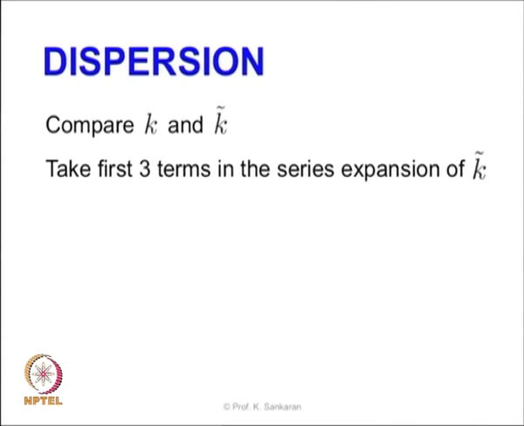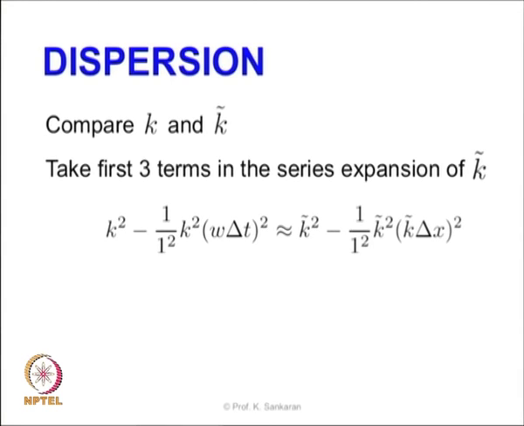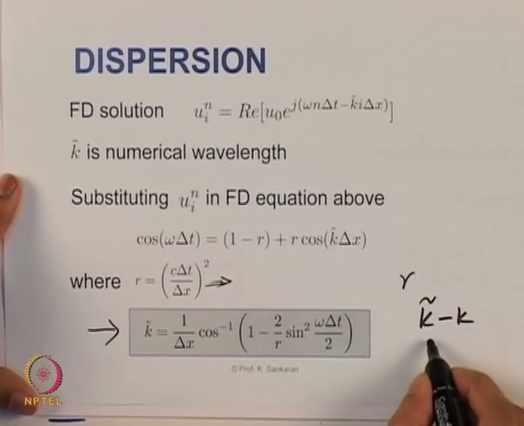So what we are essentially doing is taking only the first 3 terms in the expansion series and expanding the k terms to get an expression which is represented in this slide. So you have on the left hand side the analytical value, on the right hand side you have the numerical wave number value, and using that we can compute the value k tilde minus k divided by k.